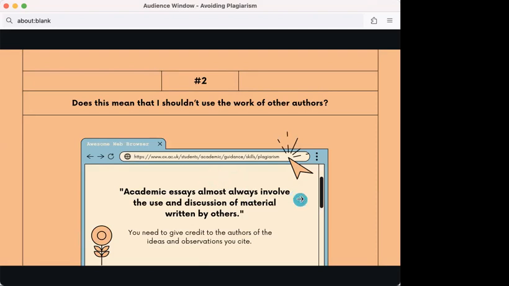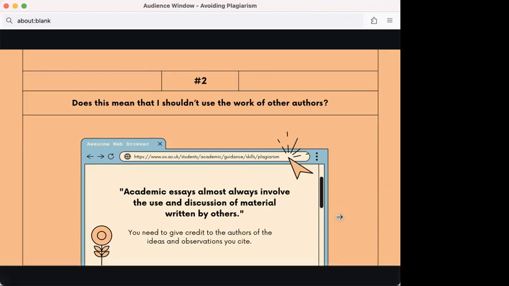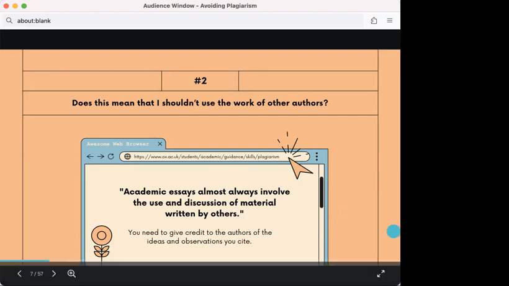As mentioned in the slides, academic essays almost always involve the use and discussion of material written by others. And you need to give credit to the authors of the ideas and observations that you cite.